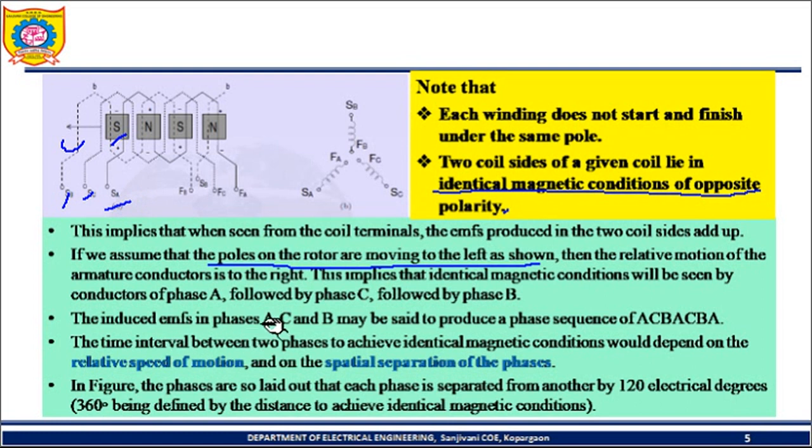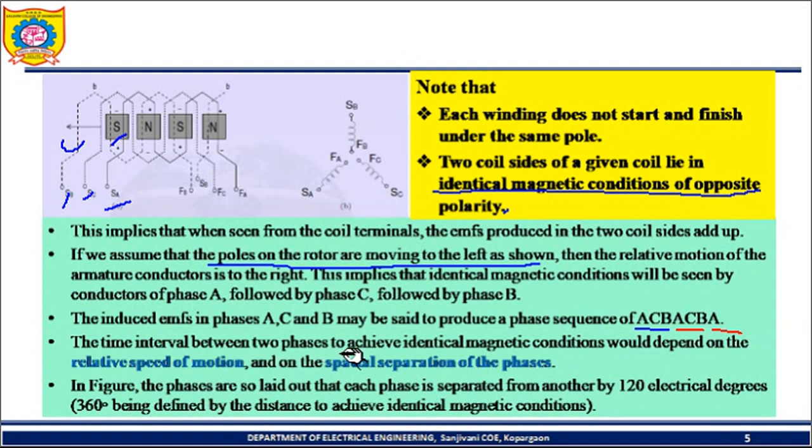The induced EMF in coils or phases A, B, C may be said to be produced in a phase sequence of A, B, C, then A, B, C, and again A, B, C. So likewise it is going to happen.